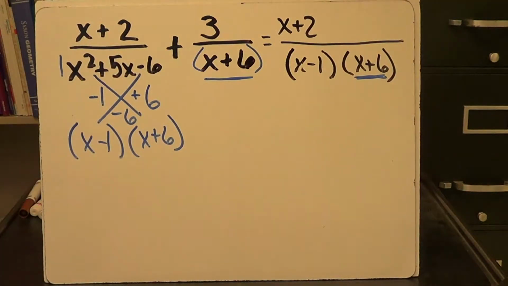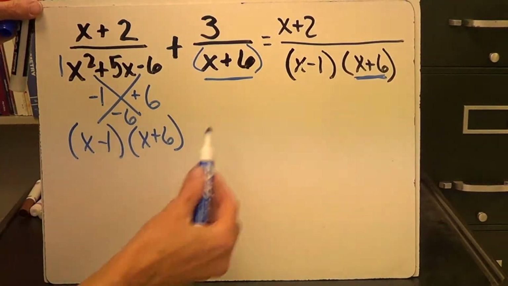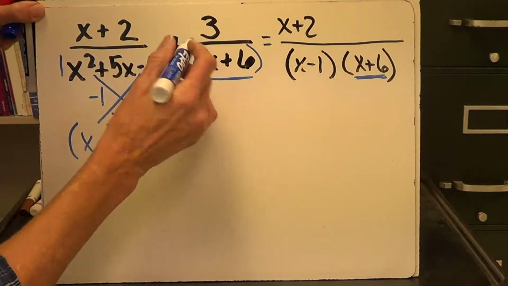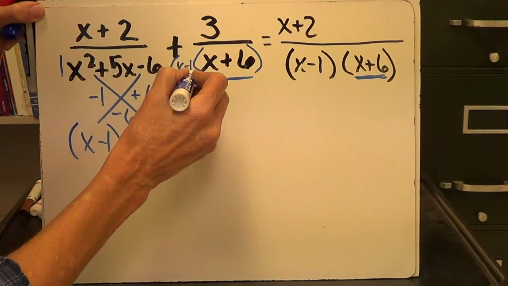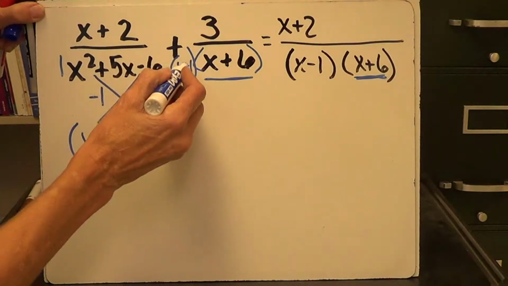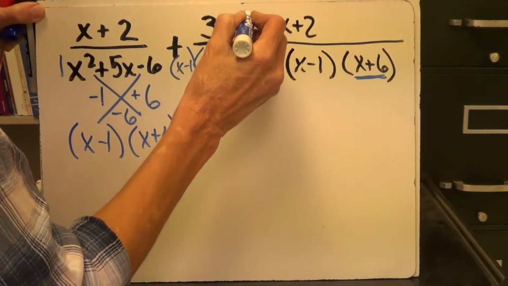But for the other one, in order for x plus 6 to truly be equal to x minus 1 times x plus 6, we have to multiply it by x minus 1. What we do to the bottom, we have to do to the top, x minus 1.